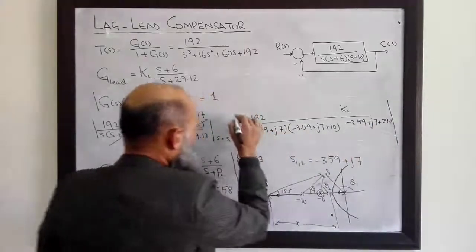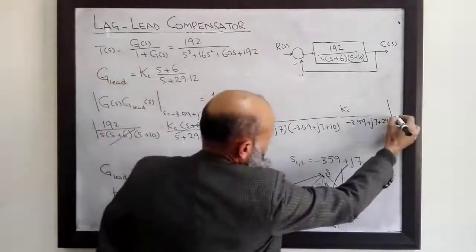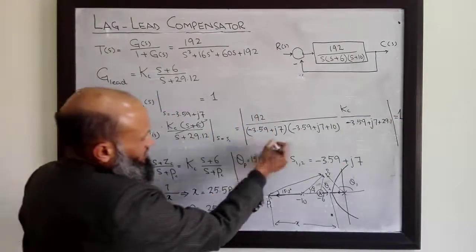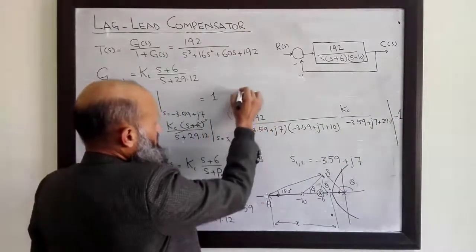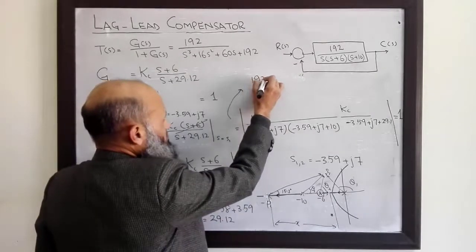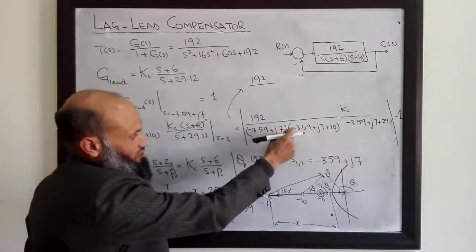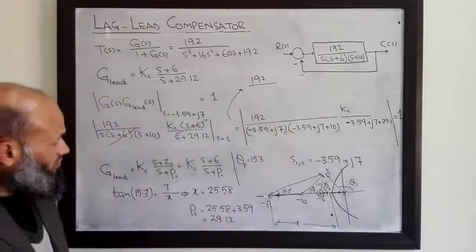So the absolute value of this expression must be equal to 1. So this is equal to 192 over the absolute value of this, which is the square of this plus the square of this, whole square root.